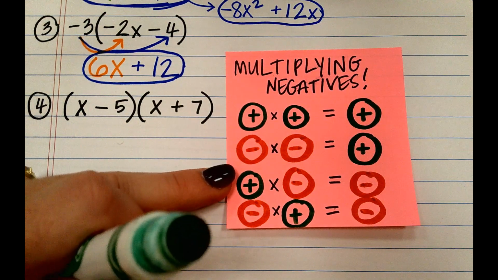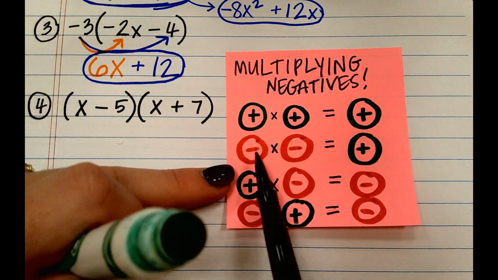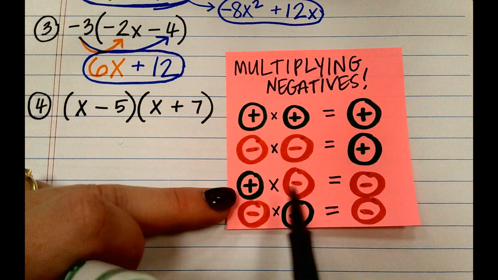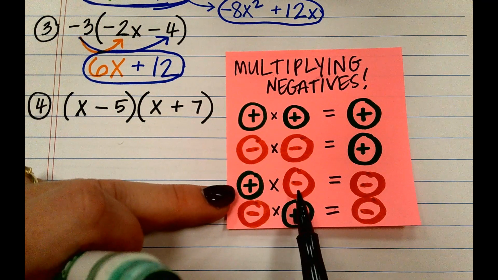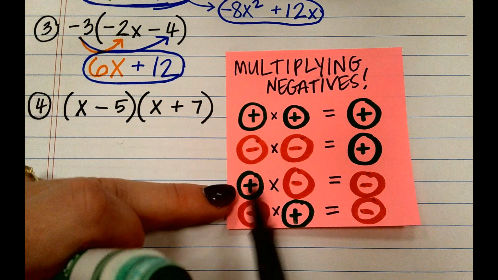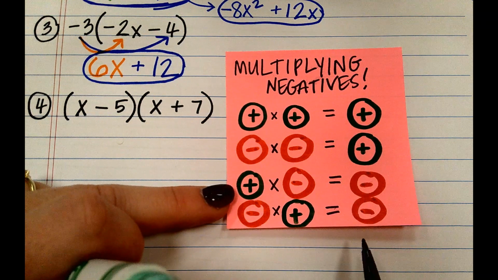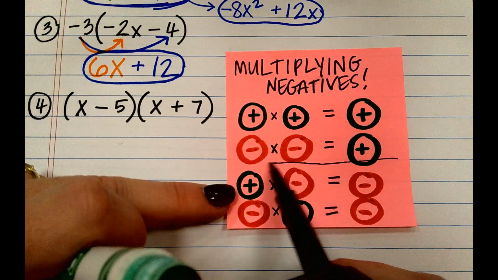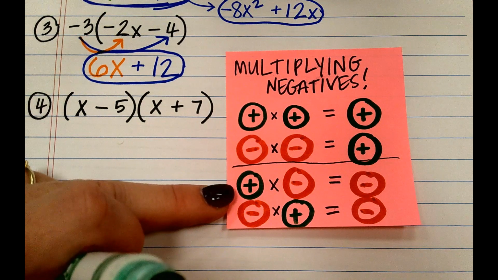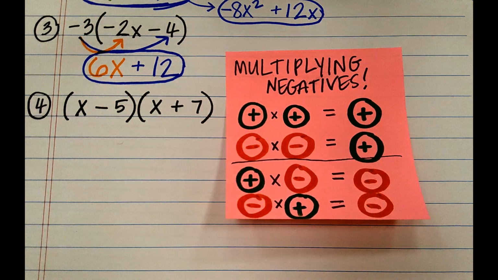Same signs are positive, even if you start with negative. Different signs, plus and minus, or minus and plus, different signs will give you a negative answer. So, those are the rules for multiplying negative numbers.